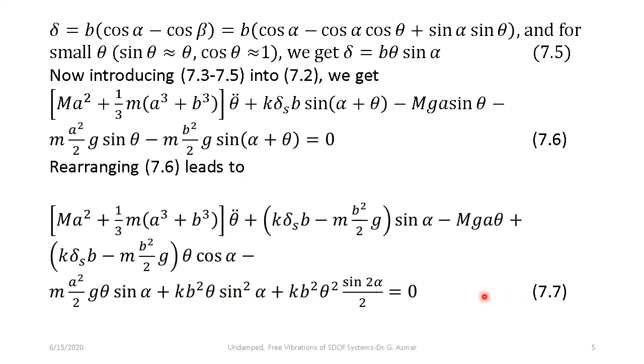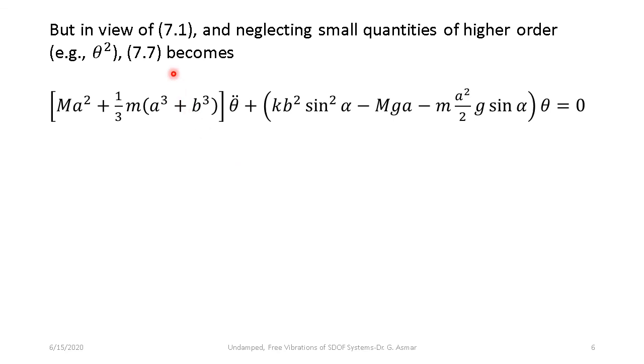And you notice in this equation that I grouped the quantities k delta S b minus m b squared over 2 g in one term here and also here, and that's because they will cancel out in view of equation 7.1.